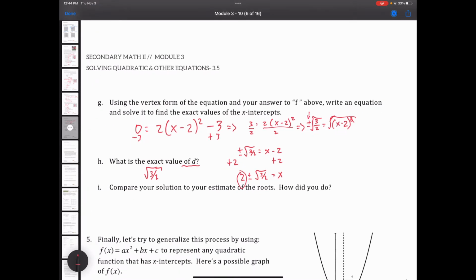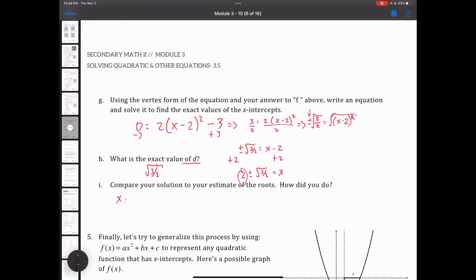Okay. Now let's go ahead and say, what are those values and compare it to our estimation? So x equals 2 plus the square root of 3/2 and x equals 2 minus the square root of 3/2. Let's see if it's close to our 0.1 and 0.9 and 3.1. So I plug that into my calculator.